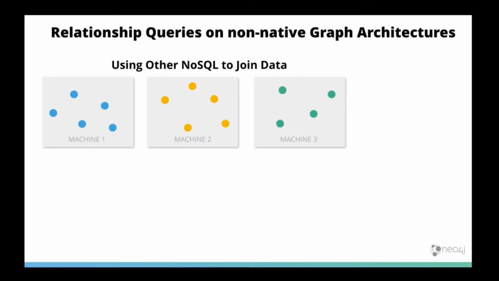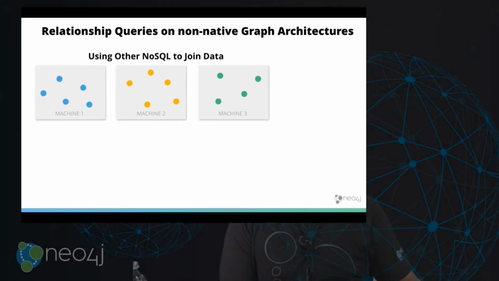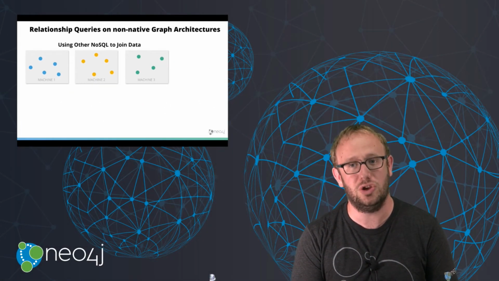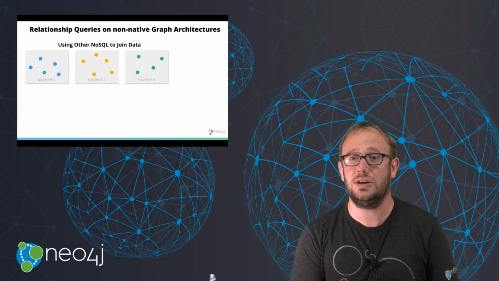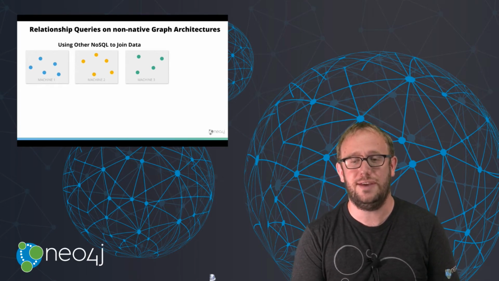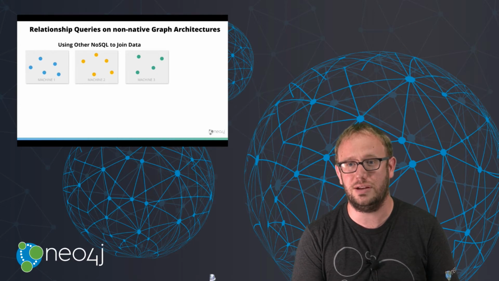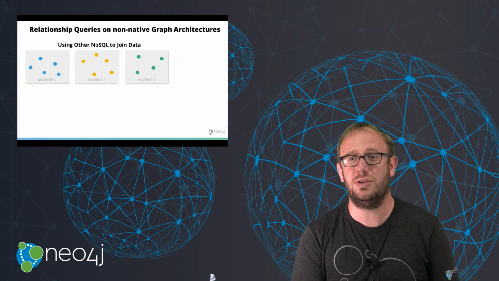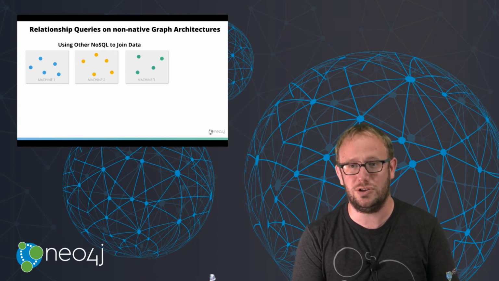Now, a lot of customers are confused by when do you use a relational database, when do you use another NoSQL database, when do you use a graph. We do believe in the concept of polyglot persistence. We believe in choosing the best database for the type of data that you have. And here's some ways to think about it. If you have a relational database, a SQL database, and you're starting to do more than 3 or 4 joins, you're doing 3 or 4 index lookups on each of your queries, well, that's starting to get expensive.